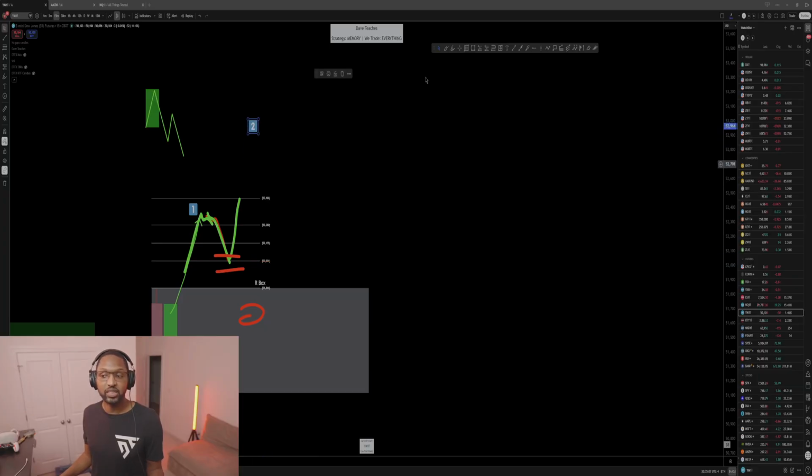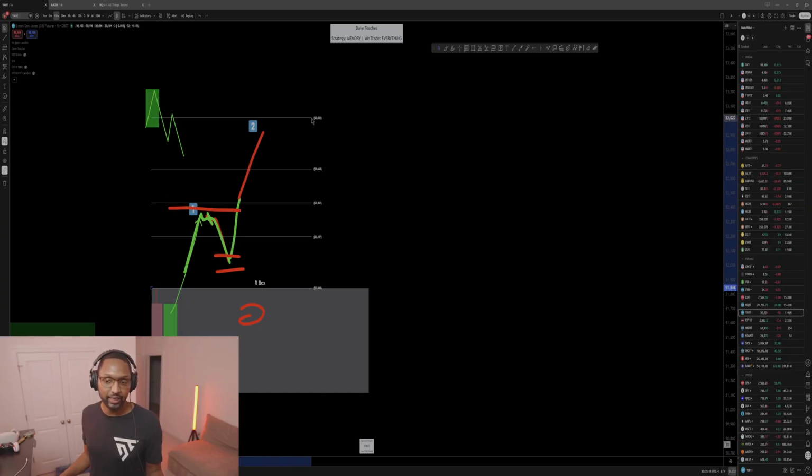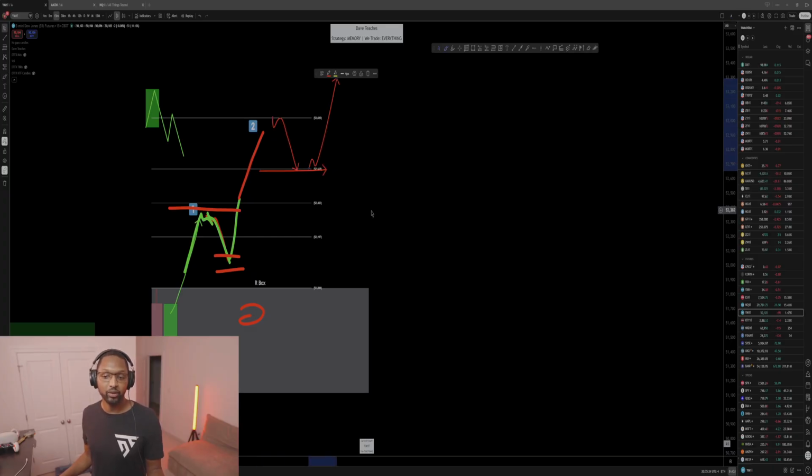Yes, there are times where the second pullback begins to impulse away from that first pullback, and when we move our fib to the next high that is there, all we get is the market actually tapping into the 30 and then moving higher. So what you need to understand about this is the first two pullbacks are going to be deep retracements. It can be that only the first pullback is the deep retracement, right? You don't have to force the second one into a deep retracement.